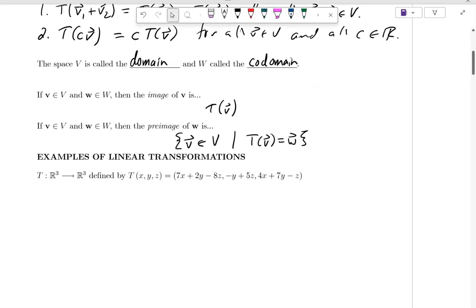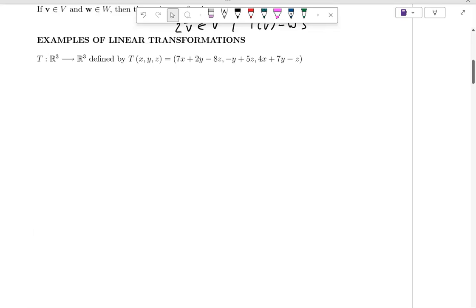So let's talk about some examples of things that are linear transformations. If I want to show something is a linear transformation, I would need to show those two properties. So the first property is that I need to start with two vectors in R3. So I'll say I have x1, y1, z1, and x2, y2, z2.